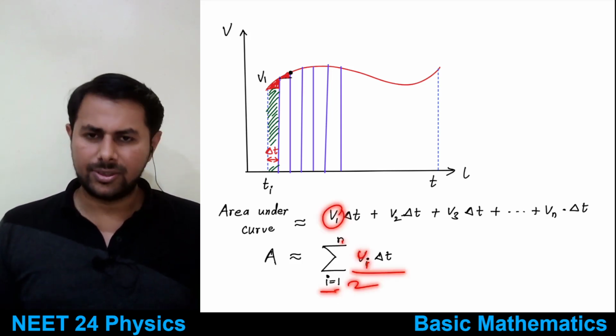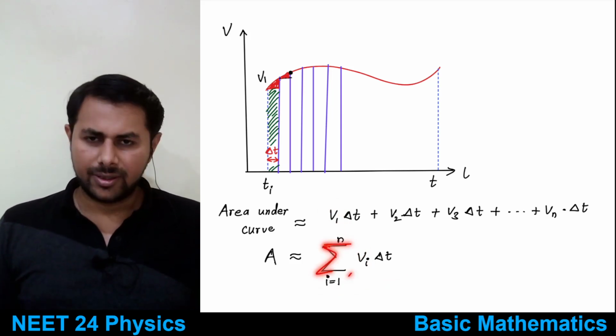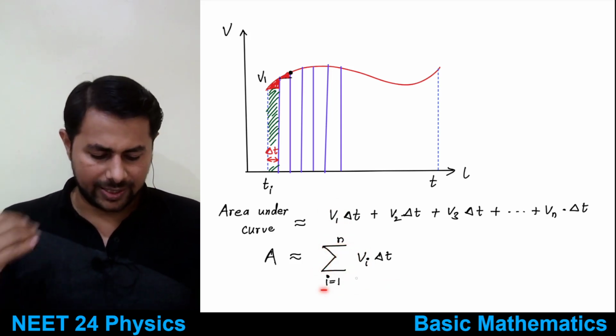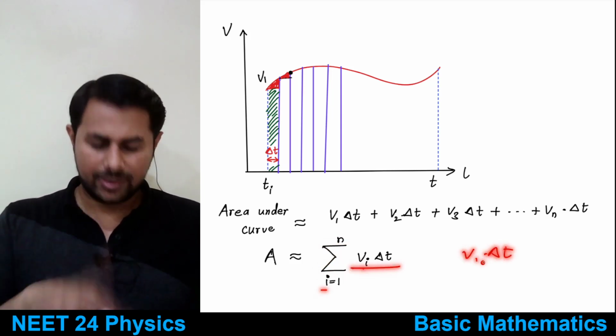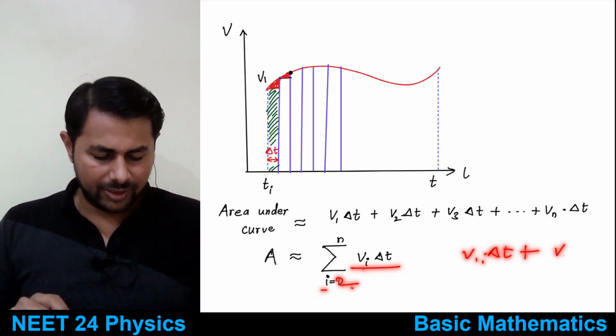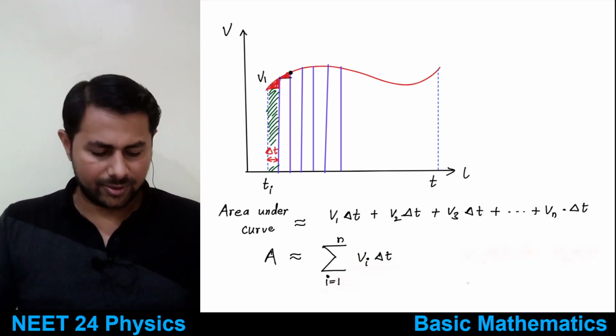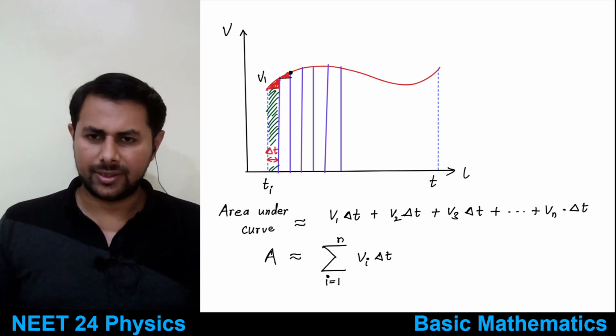When i is 2, it will be V2 delta t. So the summation sign means you will take i equal to 1, write the term V1 delta t, then take i equal to 2 and write V2 delta t, and you will add them. For all values you will keep on adding, right? So that is the meaning of the summation sign.